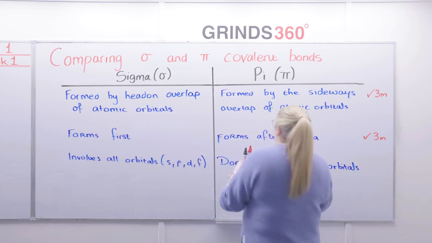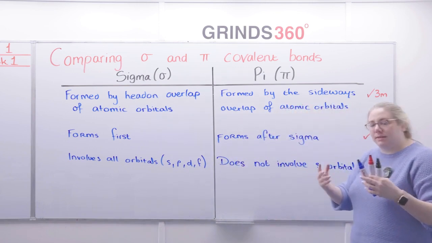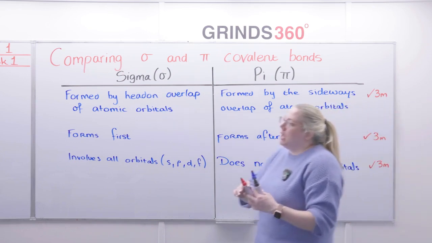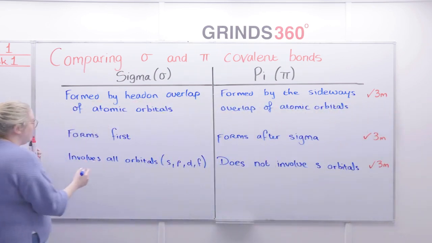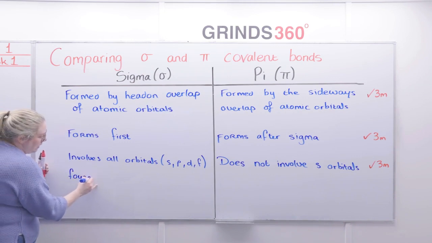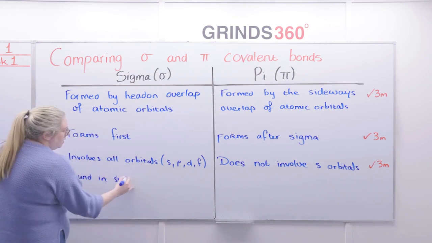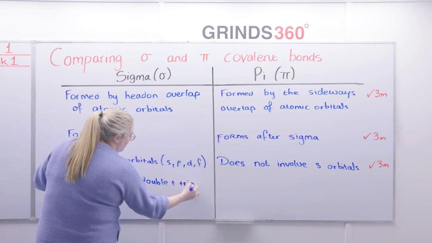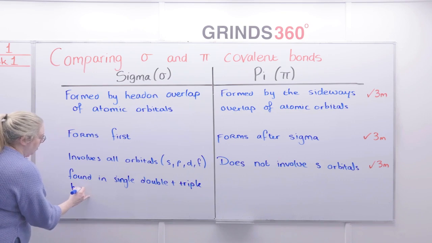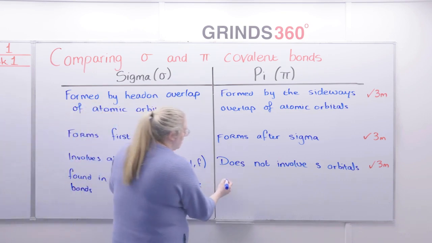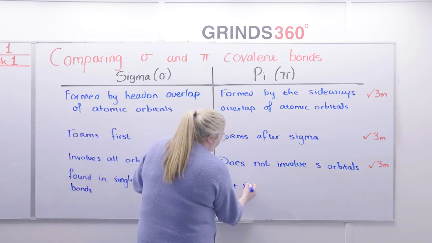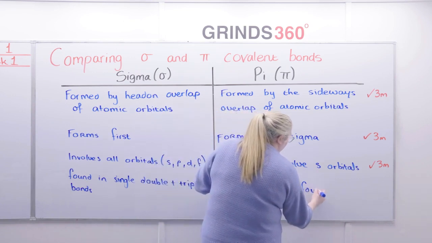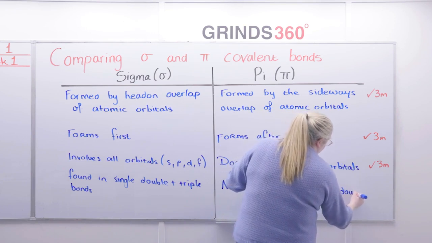Or you can say that it only involves P, D, and F orbitals, not S. There's 3 marks. Another one. Sigma bonds are found in single, double, and triple bonds. Pi bonds are only found in double and triple. So not single bonds. Or you can say they are found in double and triple bonds.